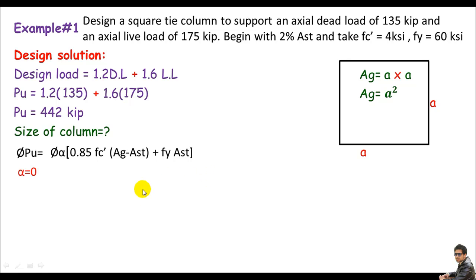Alright, and my design capacity factors will be alpha equals 0.80 and theta equals 0.65, because this is a tie square column, and for a tie square column according to ACI, we know about all these values. This is a little different for a spiral column. All right, so if I plug in and check this equation, of course I can get AG from it, and AG will help me find the size of this column.